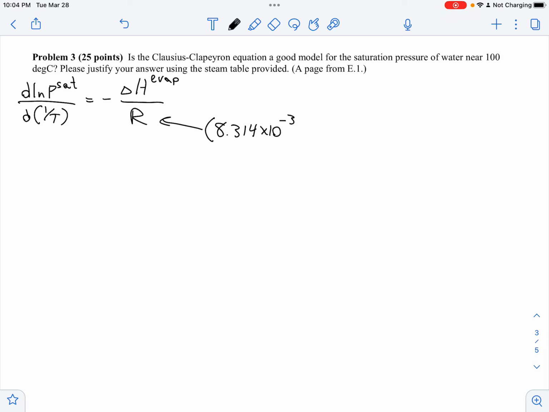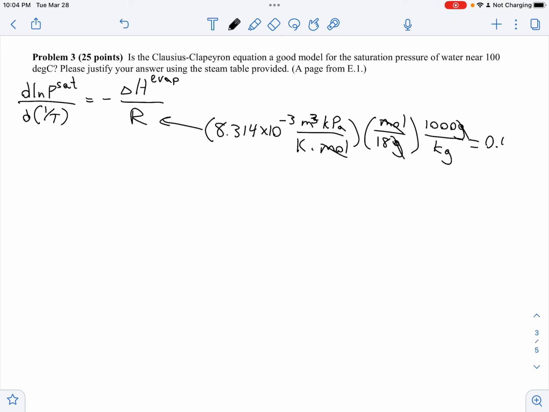But the value of R that I have is 8.314 times 10 to the minus 3 meters cubed times kilopascals per Kelvin mole. And since we're working with water, these are steam tables, we need to convert: 1 mole of water is 18 grams, and then 1,000 grams per kilogram. That should give us the correct units for R, and this comes out to 0.4619.